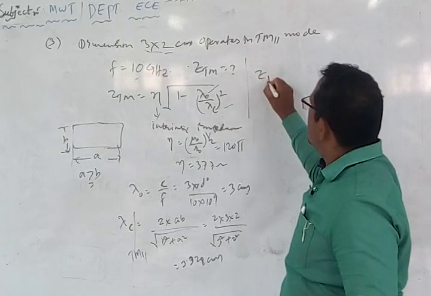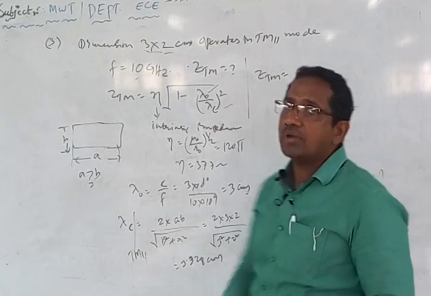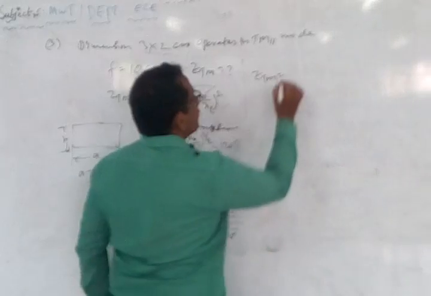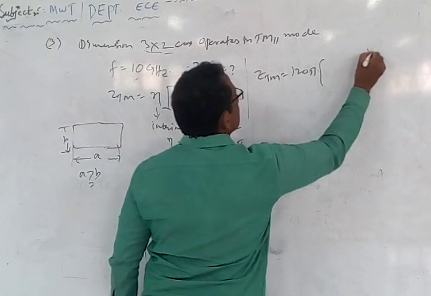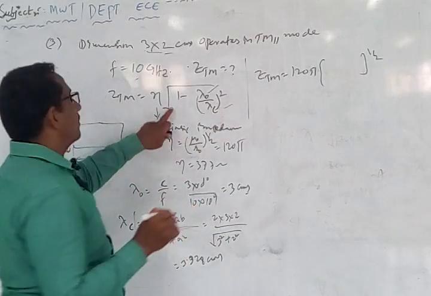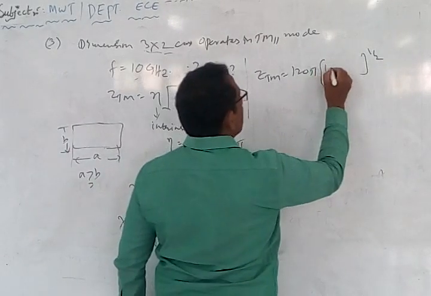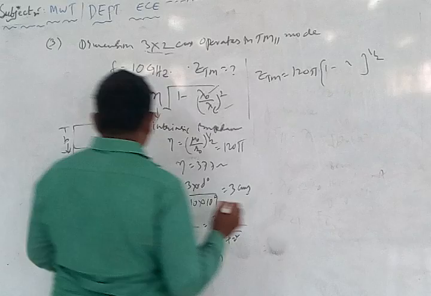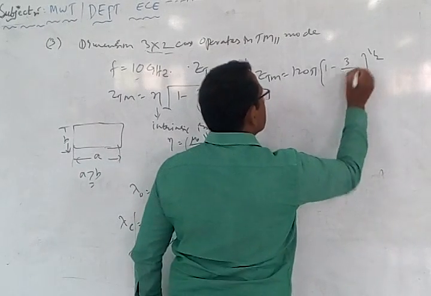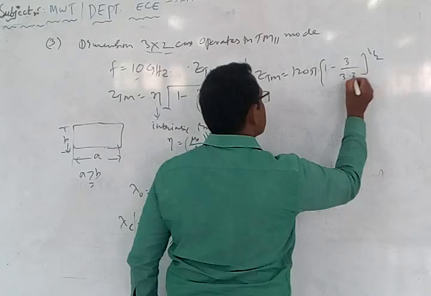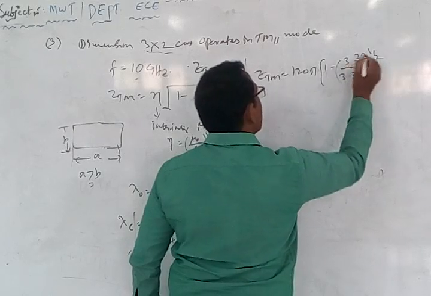So ZTM is equal to 120 pi, under root of 1 minus, lambda naught which is 3, by 3.328, whole square.